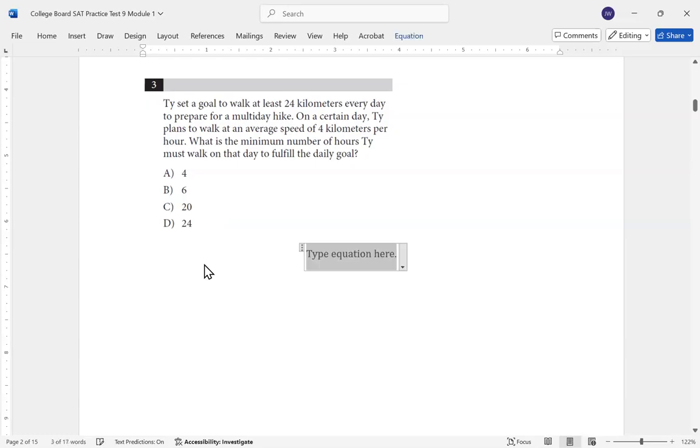So the daily goal is to walk 24 kilometers. And we're going to multiply that 24 by something to give me an hours measurement.